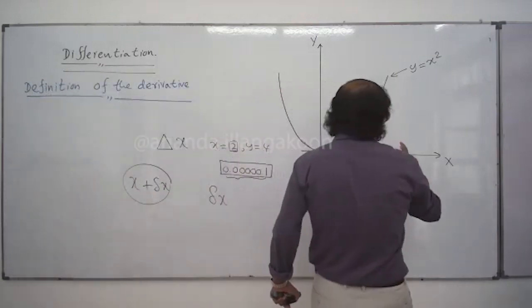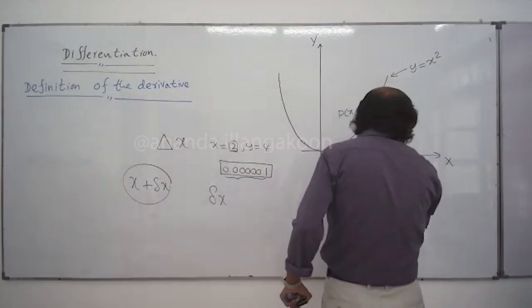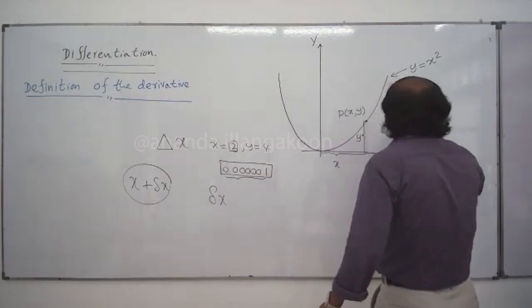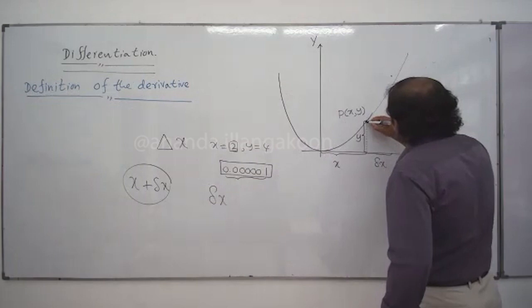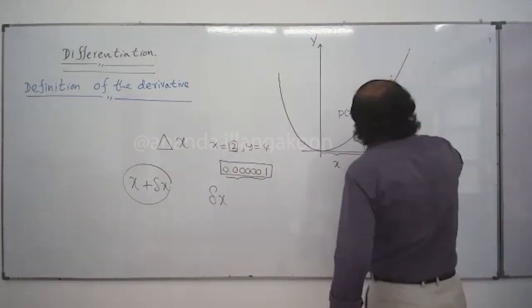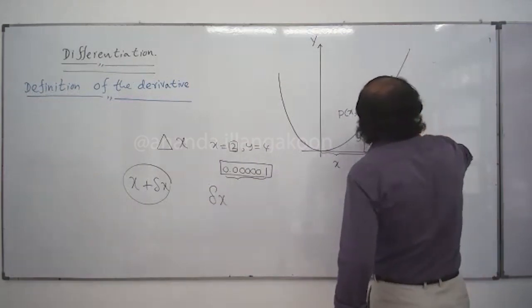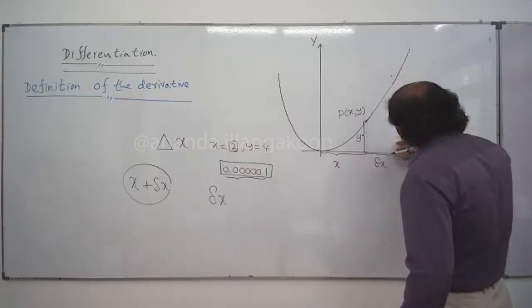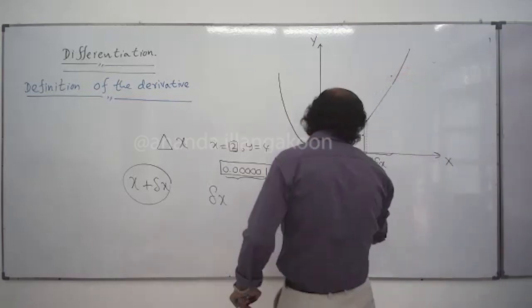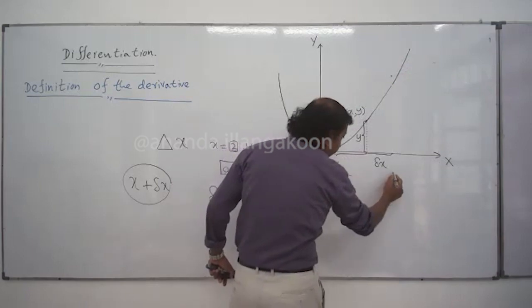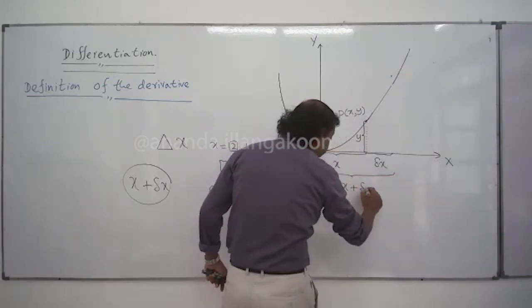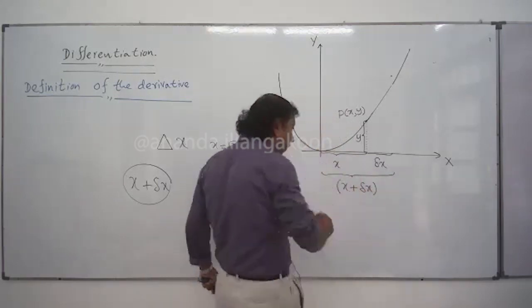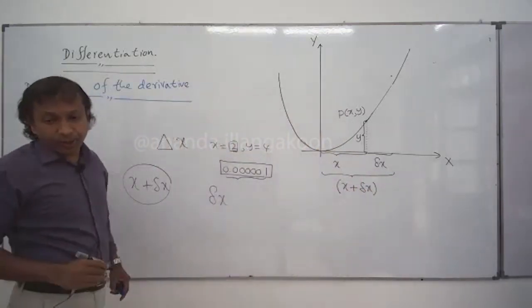Now people, this is the increment of x. Then you can very clearly see here. Now the new value of x is going to be x plus delta x.